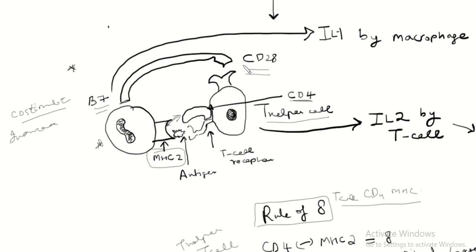Okay? So what happens when this happens? Well, that naive T helper cell becomes activated and produces interleukin 2. That antigen presenting cell produces interleukin 1. Okay? Guys, see what we did?